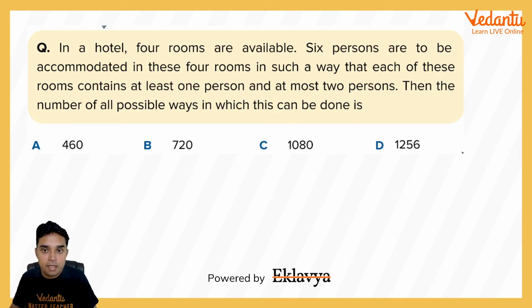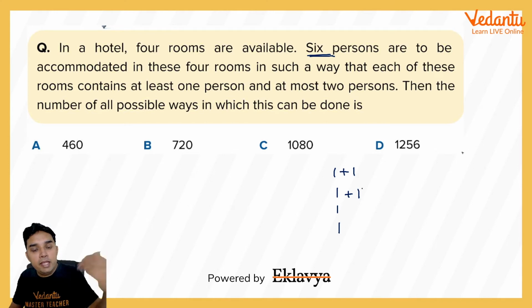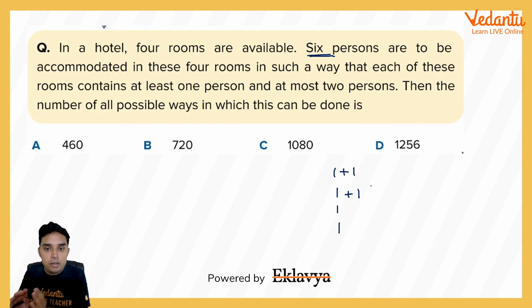Okay, so I think it is very easy to see that if 6 persons are to be accommodated so that each room contains at least 1 person, 4 persons will be accommodated this way, but the additional 2 persons can be accommodated only if you give 2 persons to any 2 of the rooms and one person each to the other 2 rooms.